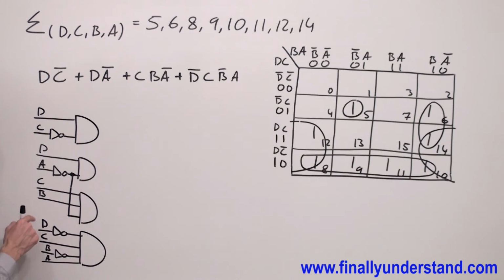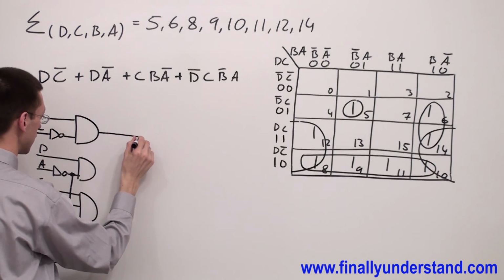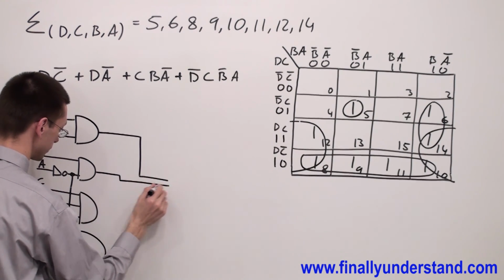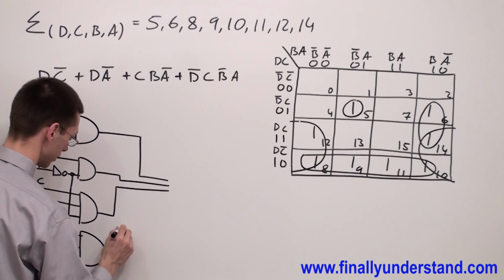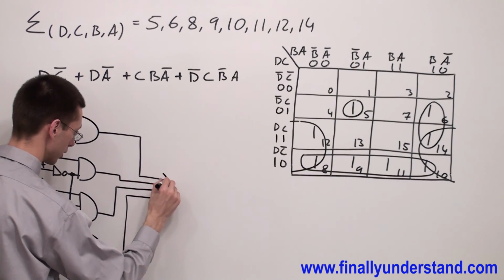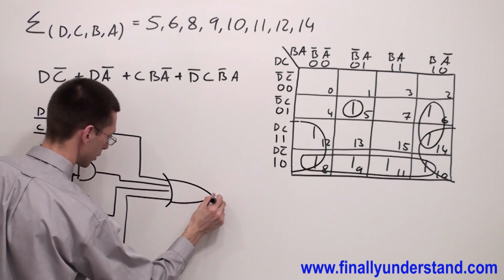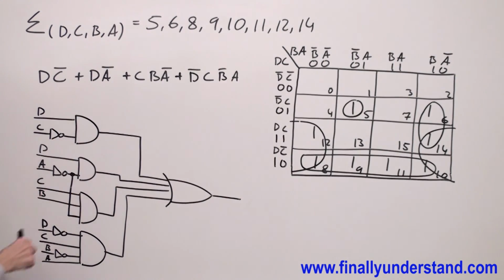I mean B's, C's, A's, and D's. Now, all these AND gates are ORed together. These are the solutions to my problem.